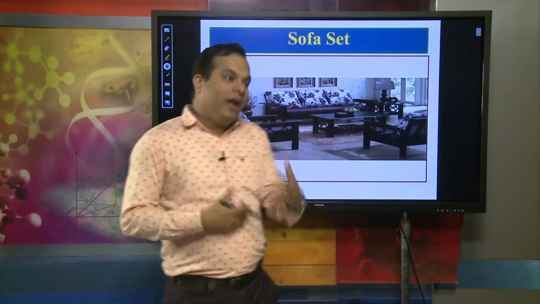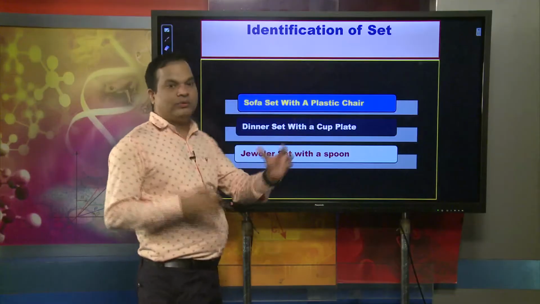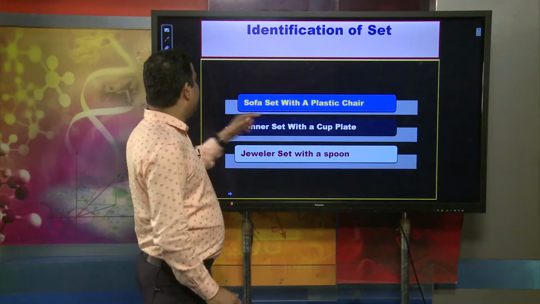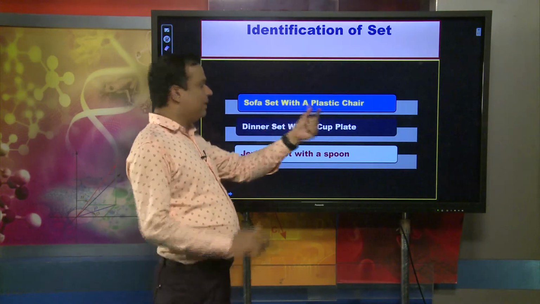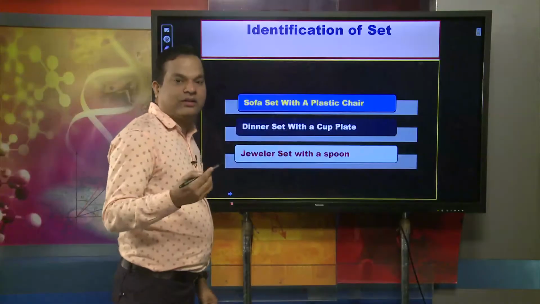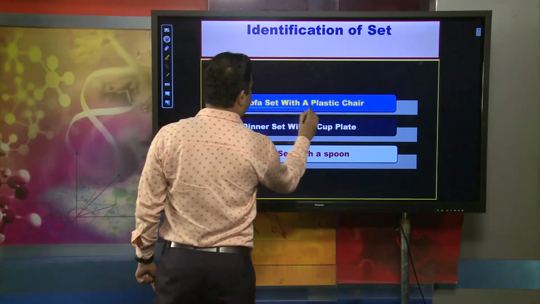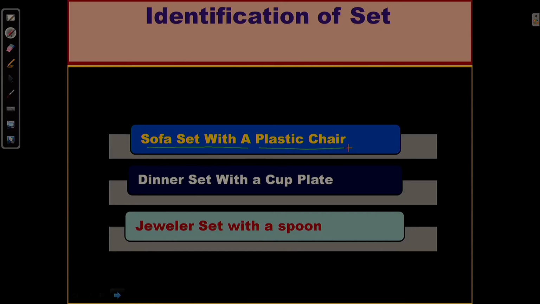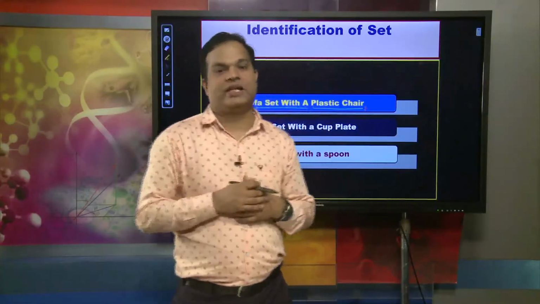Okay. Now, if we take another example, suppose I would like to tell you a sofa set with a plastic chair. When talking about a sofa set with a plastic chair, you see whether it forms a set or not. Very simply, we cannot say it is a sofa set.